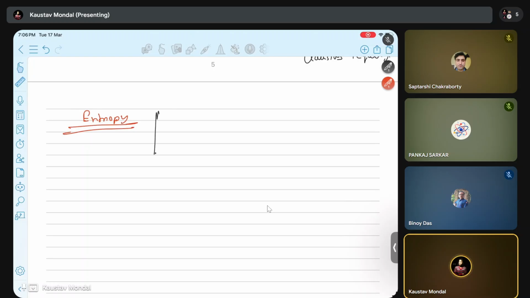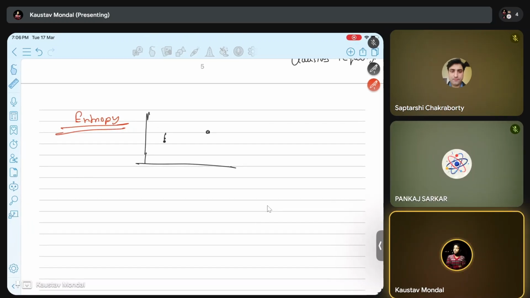So let's suppose a process is going on from state 1 to 2. There are multiple paths it can take. Let's suppose that this is a reversible process. So from state 1 to state 2, it can take this path, this path, any kind of path it can take, right?